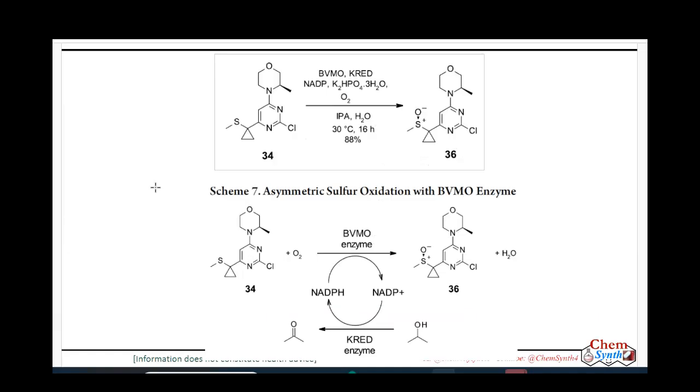And in the next step they performed the enzymatic chiral oxidation of sulfide to sulfoxide.